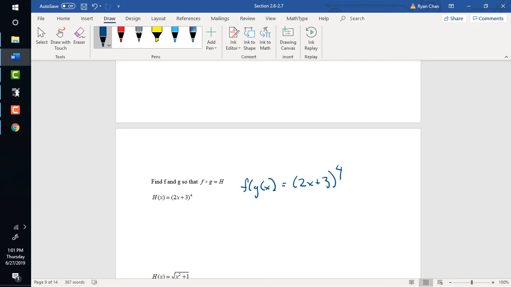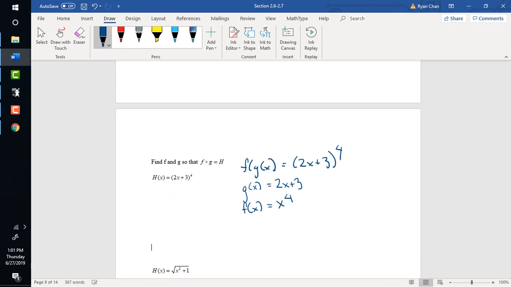Let me give you the example. I notice g of x is going to be the inside. And then my f of x will just be x to the fourth, because I'm looking at the outside portion of my new composite.